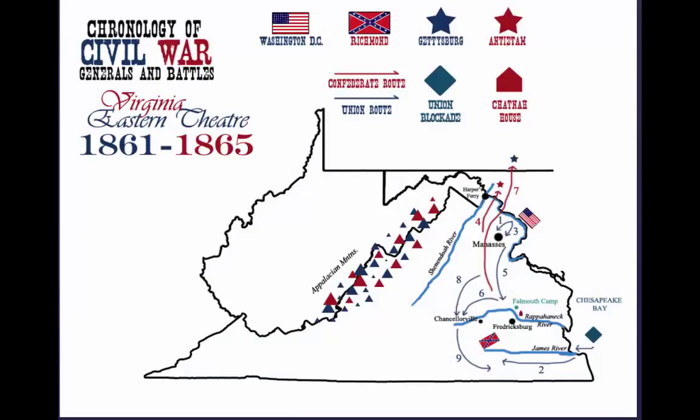So this is a map of how the momentum in the battles took place and started in this war in the Eastern Theater. This is a map. You have Virginia here. This is West Virginia. This is the side of Maryland. You can see the capital right here, Richmond of the Confederacy, and the capital of D.C. And up here is Gettysburg.